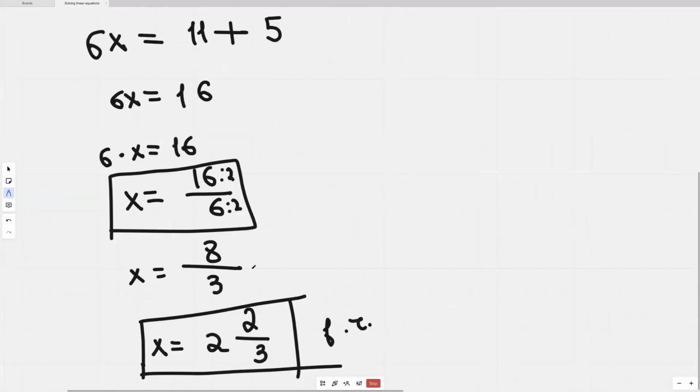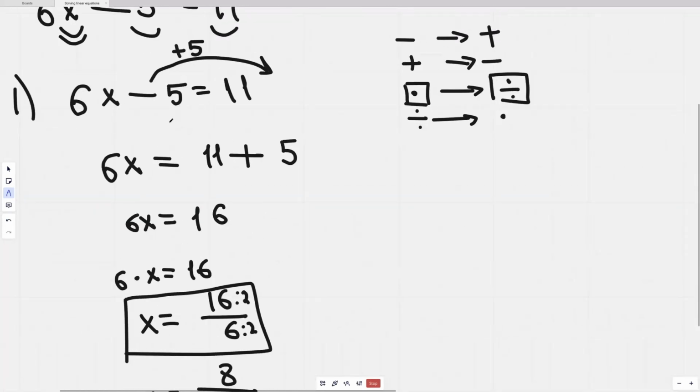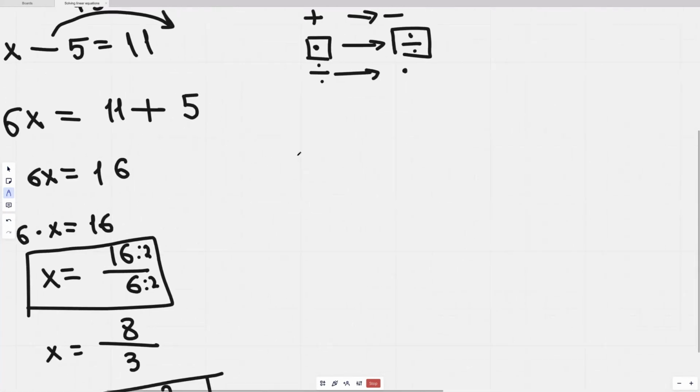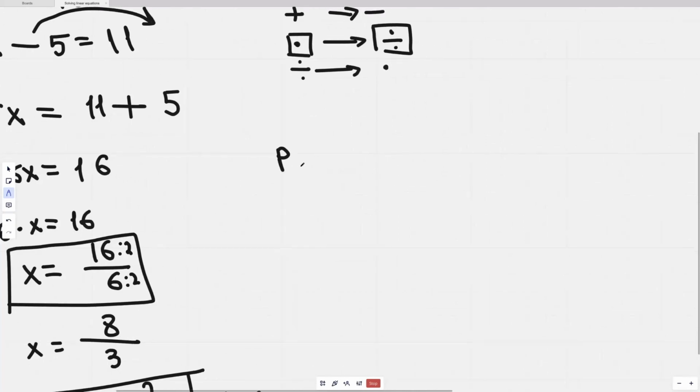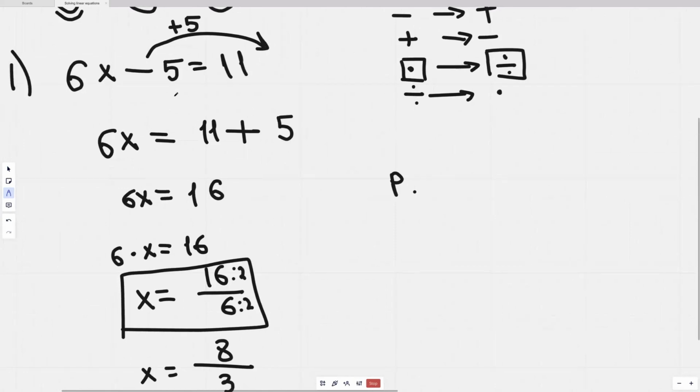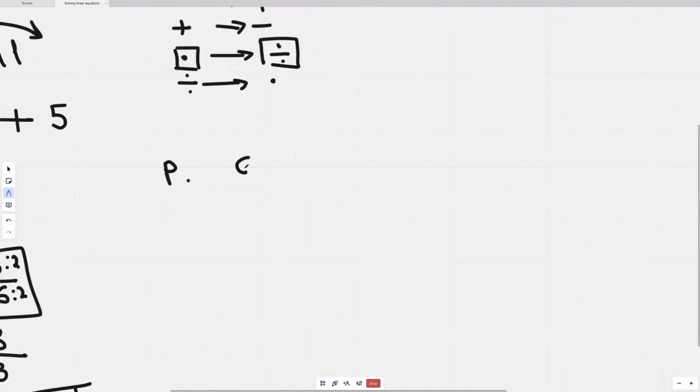So why, when moving from one side to another side, are we changing the sign, right? Let's prove it. Let's take this one as an example: 6x minus 5 is equal to 11.